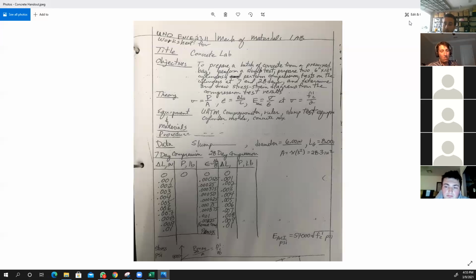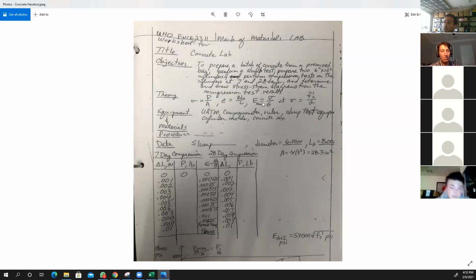That's what it says in the concrete mix. So if it's 4,000 PSI, you will input 4,000 PSI and solve this equation to get the modulus of elasticity for your concrete batch. And you can also get it from the graph. And I will show you both ways, so you can compare. They should be similar numbers.